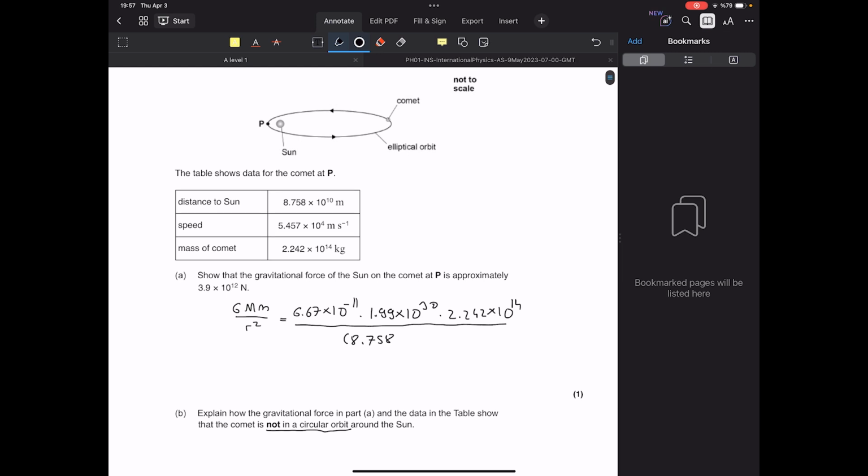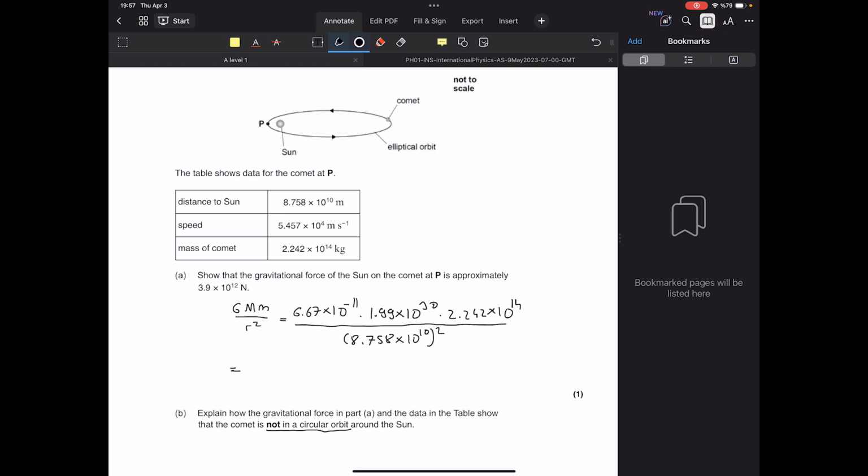8.758 times 10 to the 10 squared, which will give us, let me put that into my TI. So this topic is notoriously annoying with calculations like these, because they take too long, but can't really do much about that.